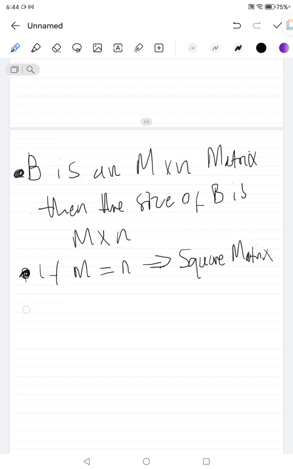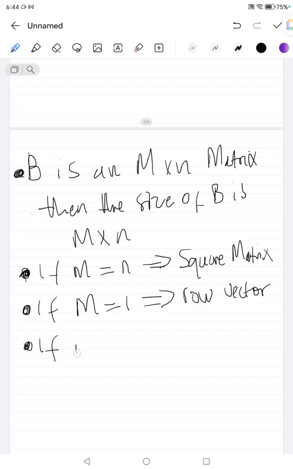The third one, we said if your M is equal to 1, then your matrix will be called a row vector. Then the fourth one, we said if your N is equal to 1, then the matrix would be called a column vector.